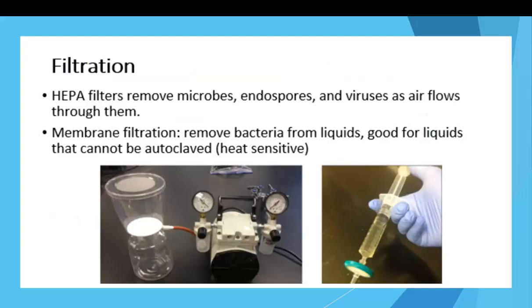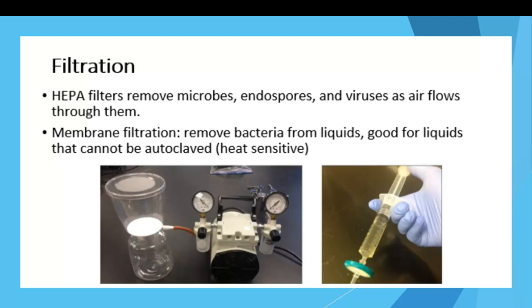If you cannot usually use heat for controlling the microbial growth or killing the microorganisms, the best technique that we can use is filtration. We can use this for filtering air and also for filtering liquids.